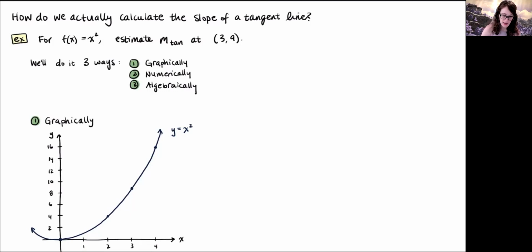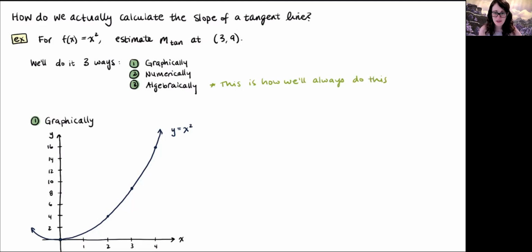The algebraic way is pretty much the way that we're going to be using from here on out after this example. This is how we'll always do this, after this example.